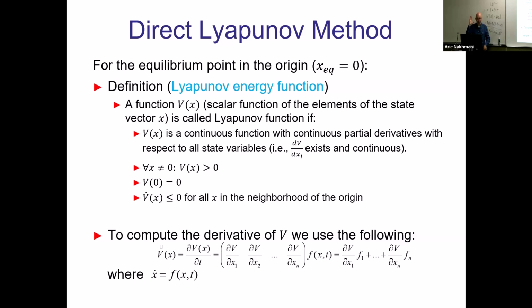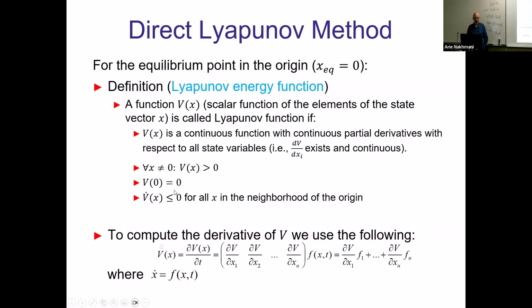Remember that rule, the chain rule? So you're using the chain rule of derivatives to compute that thing. And this is exactly the chain rule that you have here. So you're just multiplying dV/dx1 times f1 plus dV/dxn times fn, and pay attention that f1 is x1 dot and fn is xn dot, right? So this is exactly the chain rule that you want, okay? Any questions so far? So this is just a way to compute that a little bit easier than opening all the things. You can compute it that way.